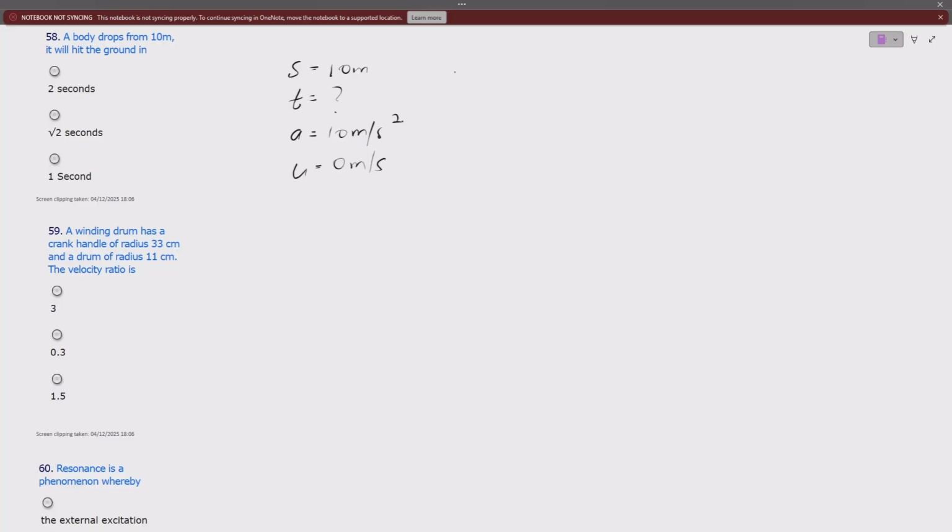So the formula we are going to use is s equals ut plus at squared over 2. You can plug in the values directly to make it easier. So you have 10 equals 0t plus 10t squared over 2.